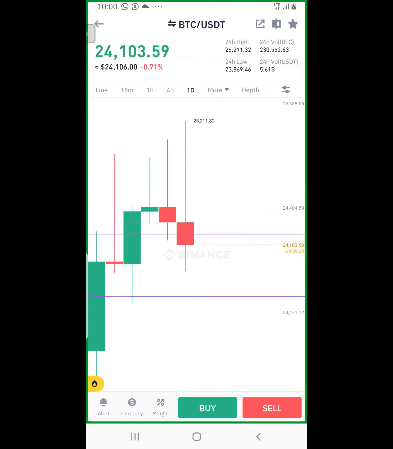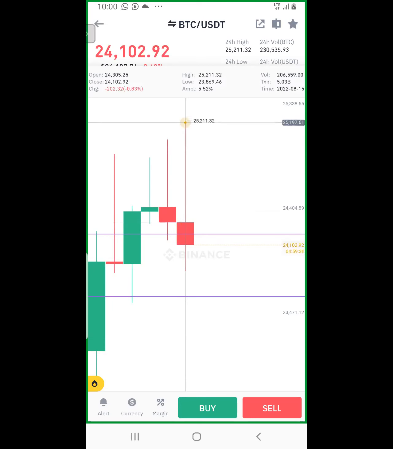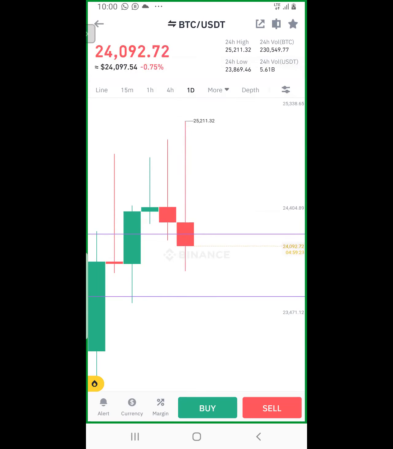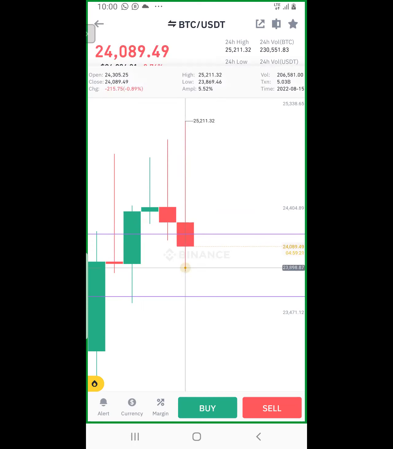Then Bitcoin was pushed up. Even for today the Bitcoin has gone up to $25,209 per Bitcoin. Then sellers pushed this Bitcoin down to this level, 23 thousand.